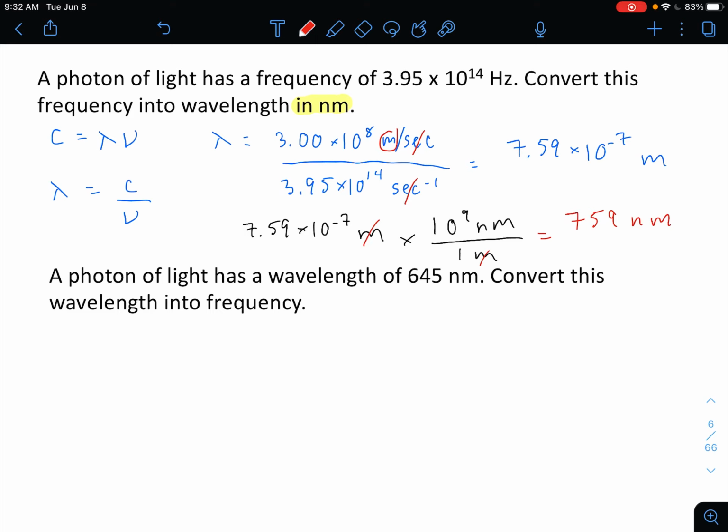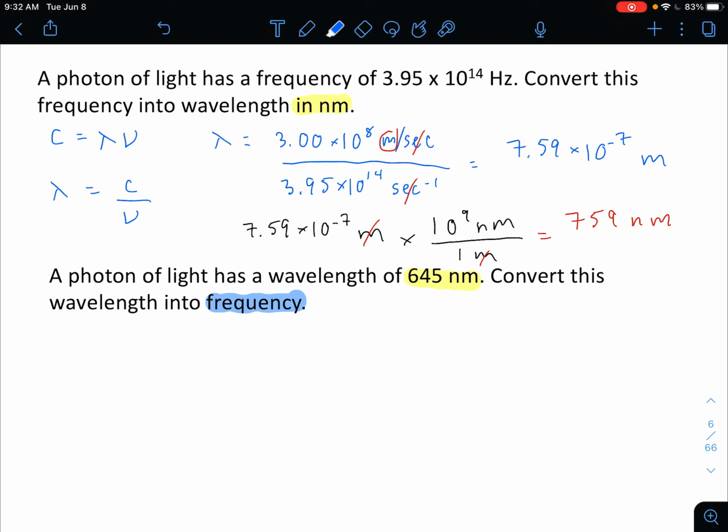Okay, next one of these, we're going in the opposite direction. So now we're going to convert from wavelength into frequency. So the given information is the wavelength in nanometers. The goal is to report it in terms of frequency. So now we have to do the exact opposite, right?